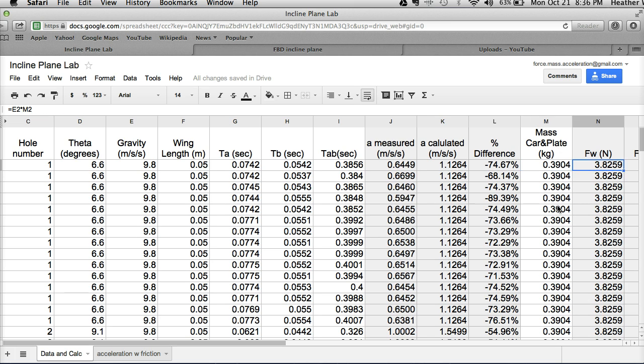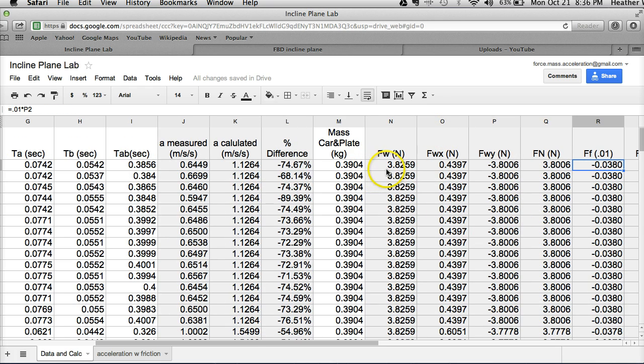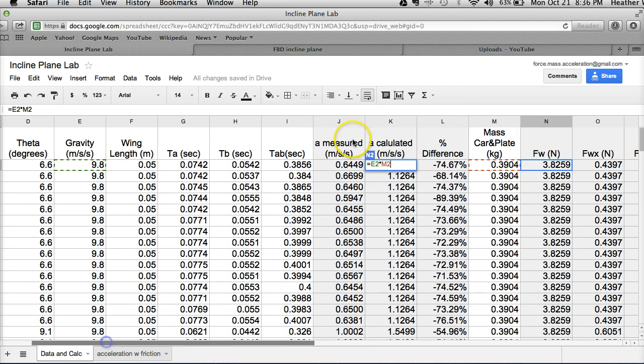So then I broke it down into the components. F sub W, which would have been down the plane, is equal to mass times gravity, and so that's the weight.